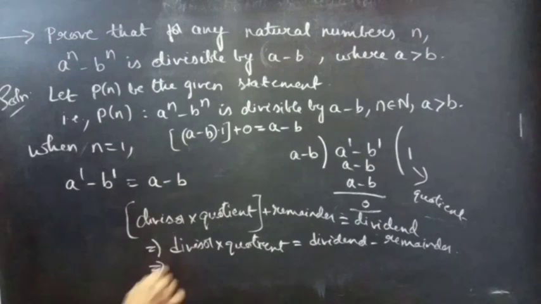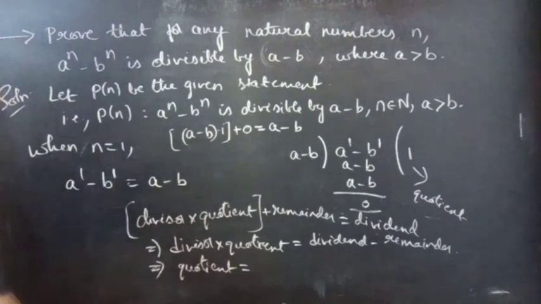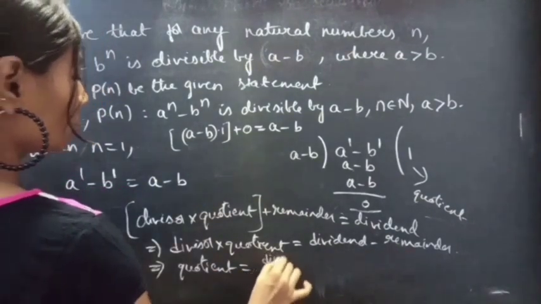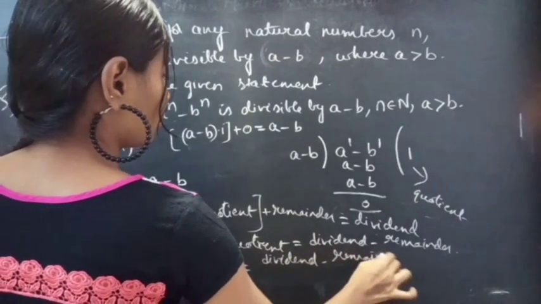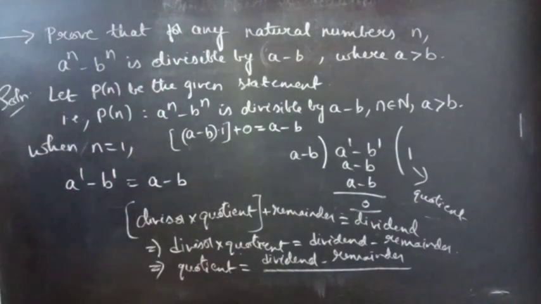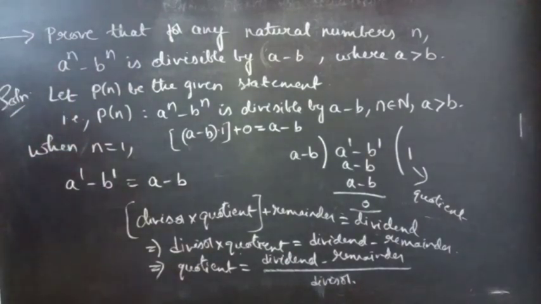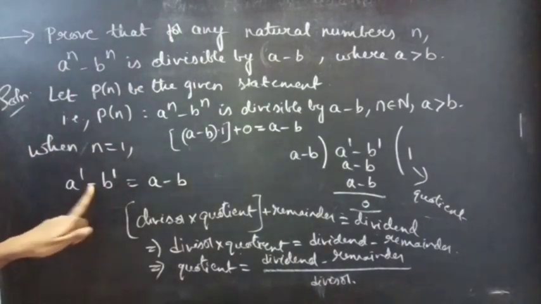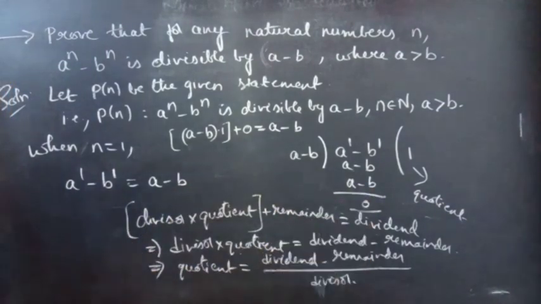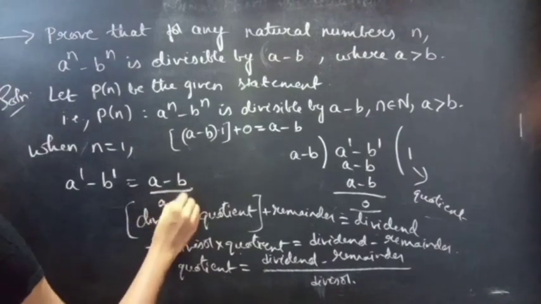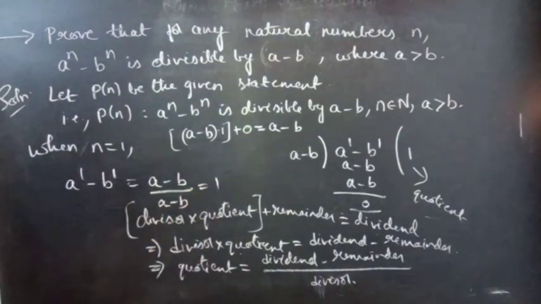Again you'll get quotient equals dividend minus remainder by divisor, right? So you can write this as dividend minus remainder, which is 0, by divisor, which gives quotient.